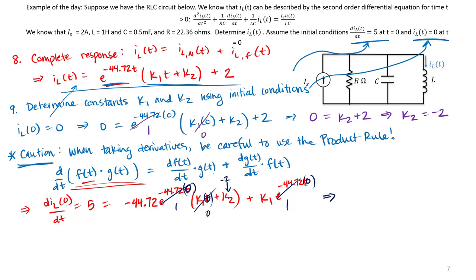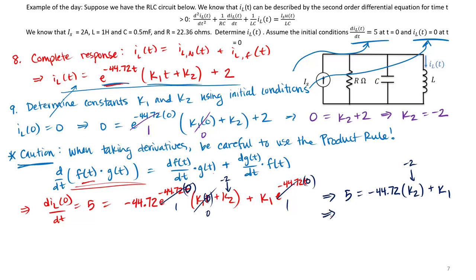So if we simplify that whole expression, we'll determine that 5 must equal negative 44.72 times our k2 value, which is negative 2, plus our k1 value, which we don't know yet.